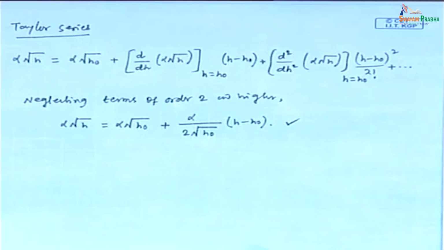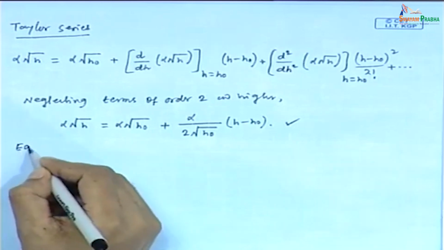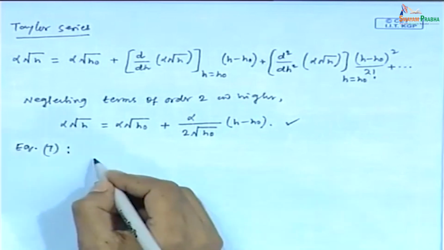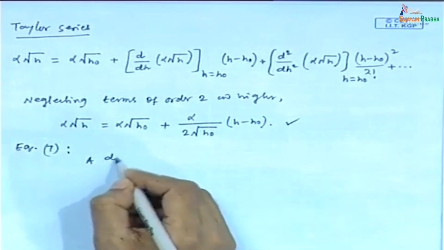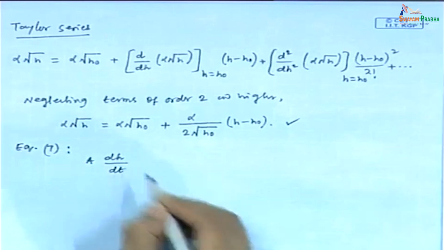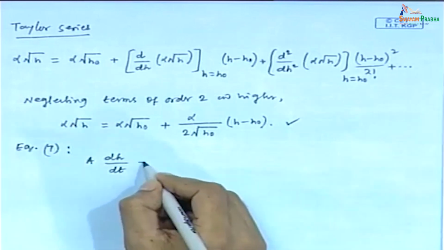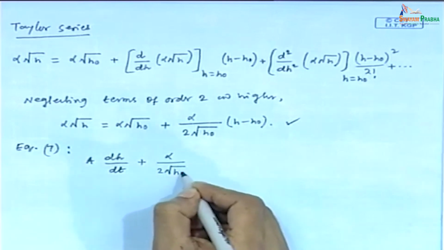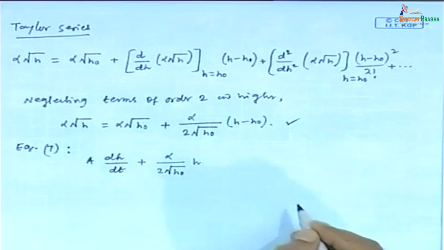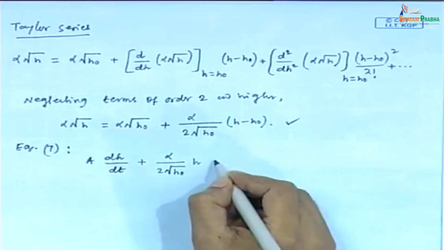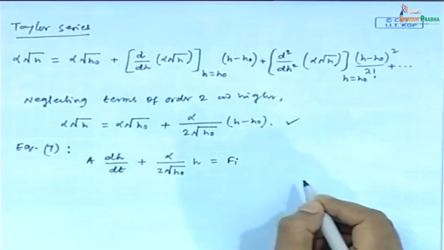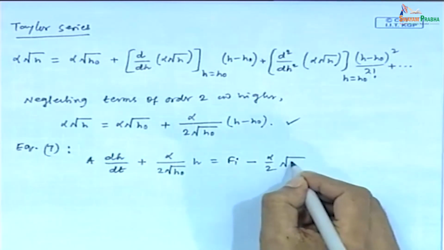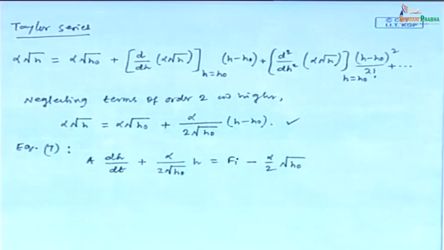If we substitute in equation 7, then we get f dh dt plus alpha divided by 2 root h naught multiplied by h equals f i minus alpha by 2 root over of h naught.